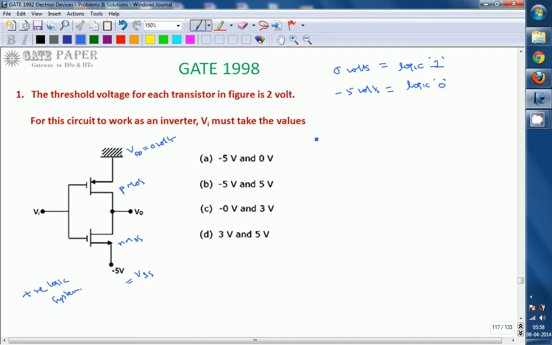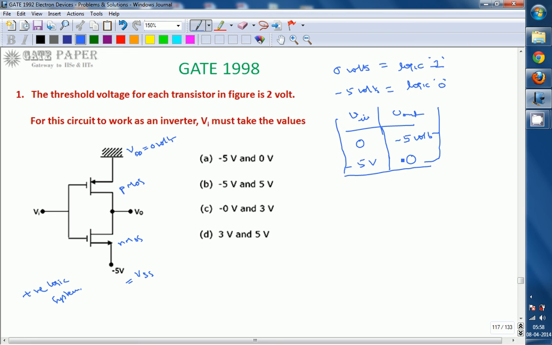Inverter operation means that if V input is equal to 0 volts, then the output must be minus 5 volts, and if V input is minus 5 volts, then you must get output as 0. That is inverter operation.